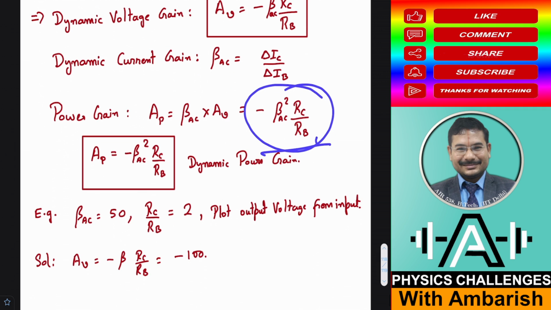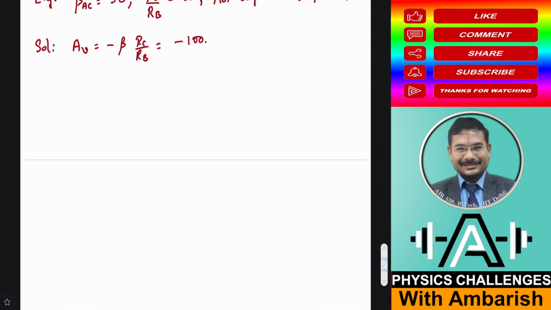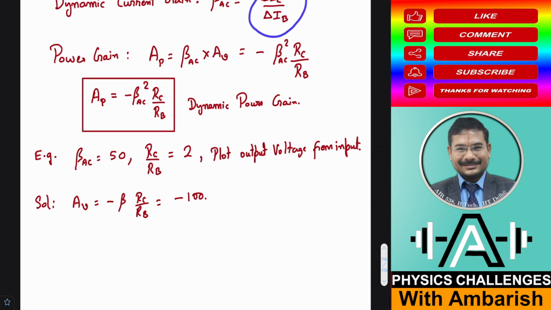An important thing to note is that there's a minus sign over here, which means the output voltage is pi out of phase with the input voltage. Whatever changes happen in the input voltage, the output voltage changes are pi shifted and amplified.